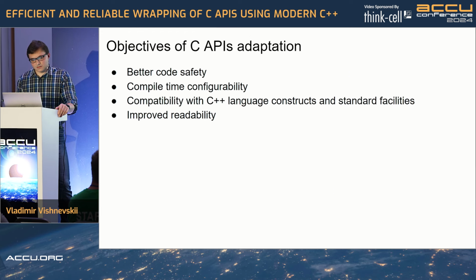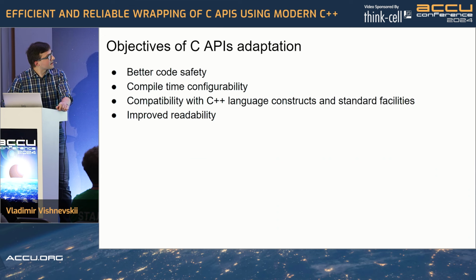So what can we improve using some layer on top of what we just saw? Definitely it would be good if we can improve code safety. First of all, we cannot employ the type safety mechanism there. We could also use safer resource management.